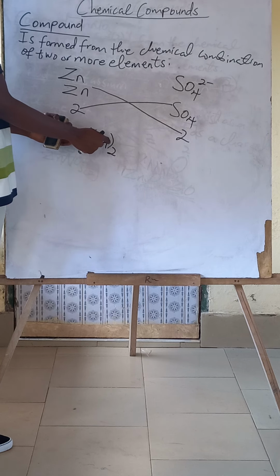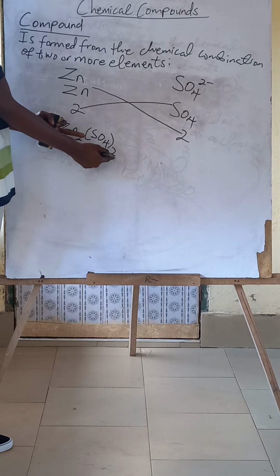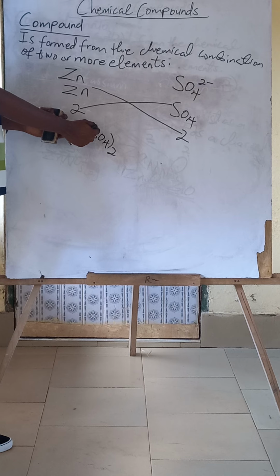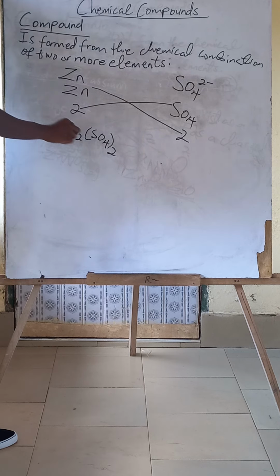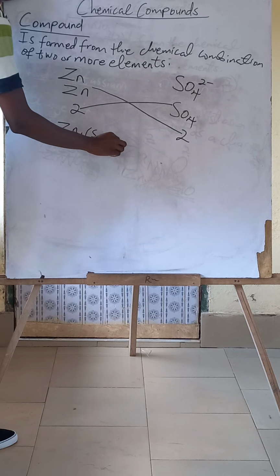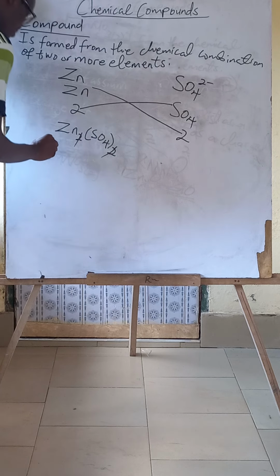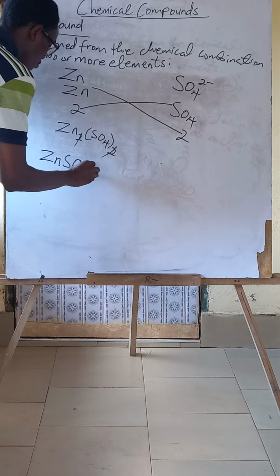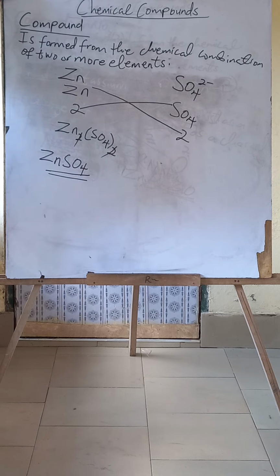If you don't write it this way, it will be wrong. You have to write it this way so that these 2 will affect whatever is in the bracket, because that is what it means. So these 2 will cancel these 2. Then you get ZnSO4.